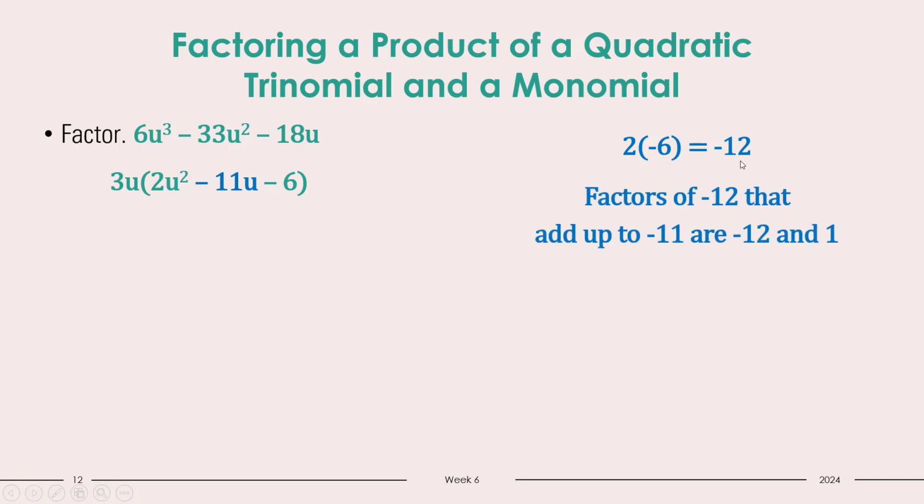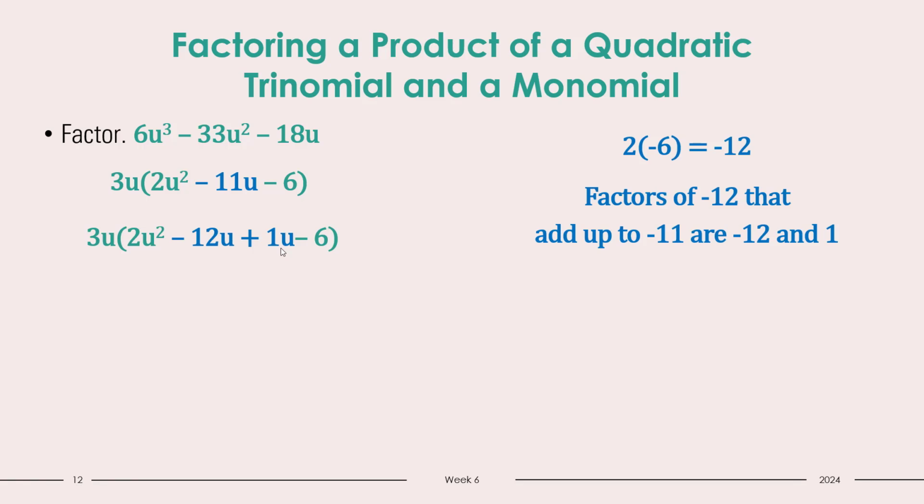So the factors of negative 12 that add up to negative 11 are going to be negative 12 and 1. Right? Negative 12 times 1 gives me negative 12. Negative 12 plus 1 gives me negative 11. So I can rewrite negative 11u as minus 12u plus 1u.